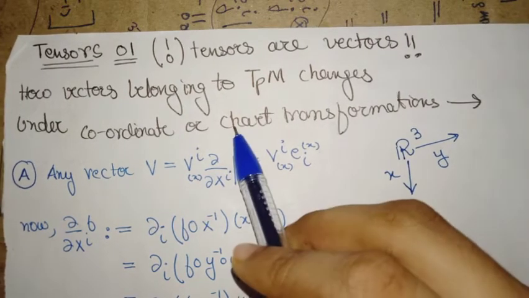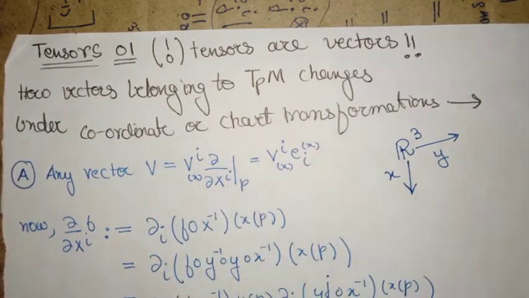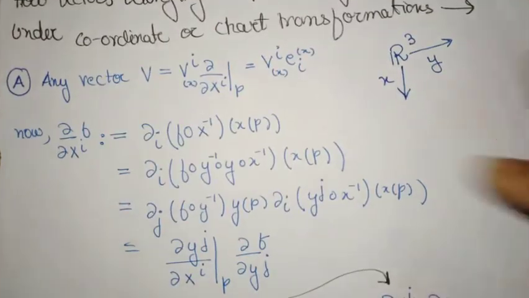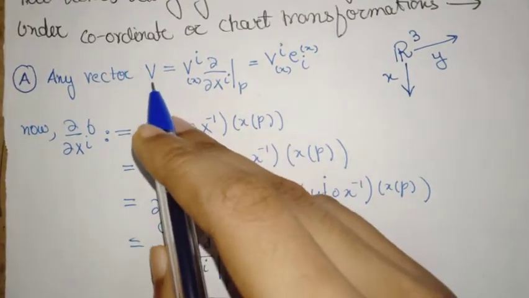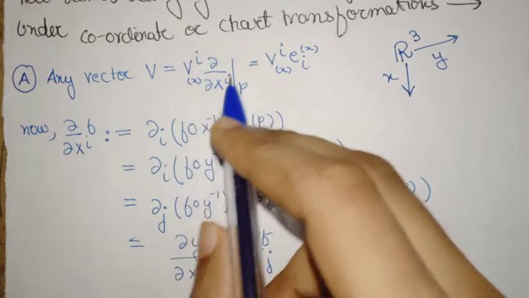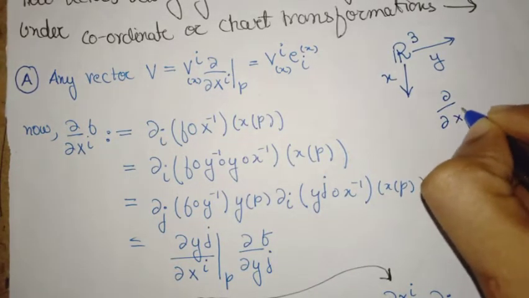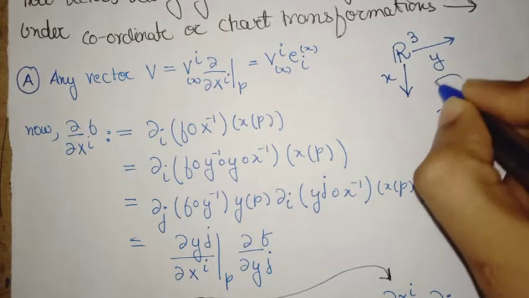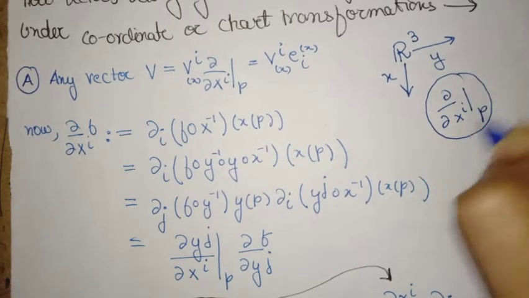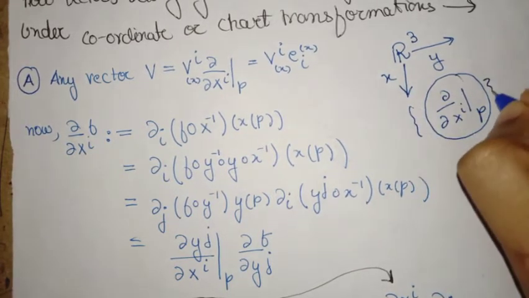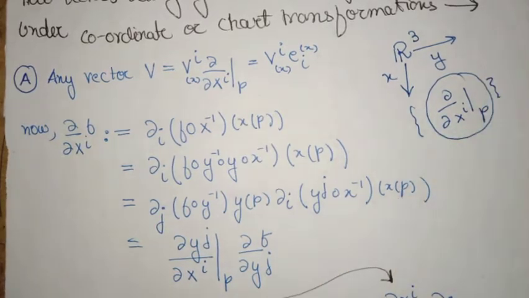So this is what we call different coordinates or charts. Now any vector, as I showed just now, can be written in this form, where del_i at the point P is just the basis set. It is just a basis set for the space of these vectors.